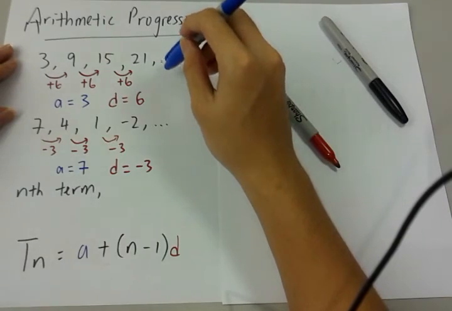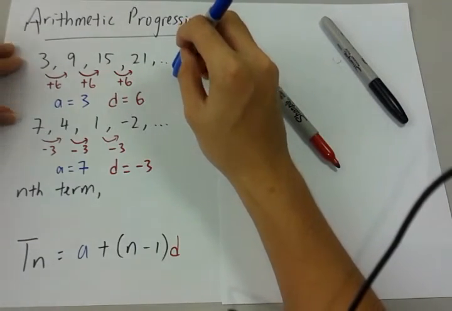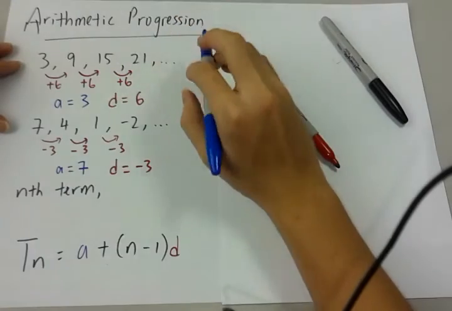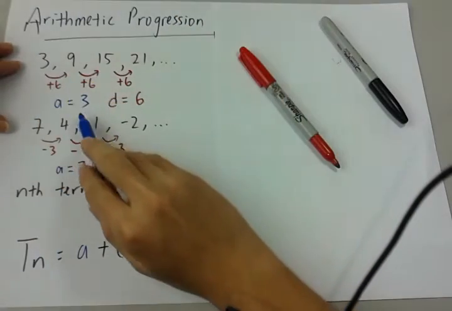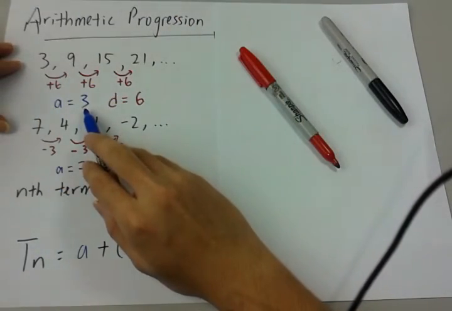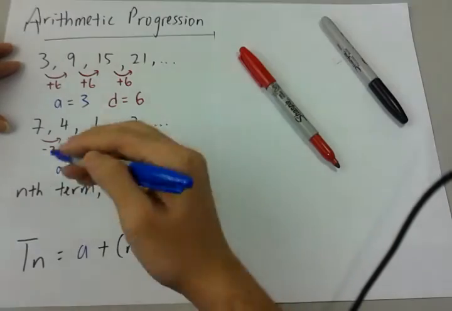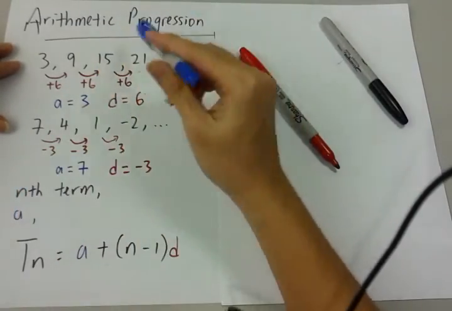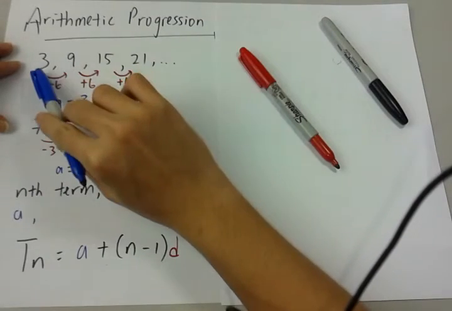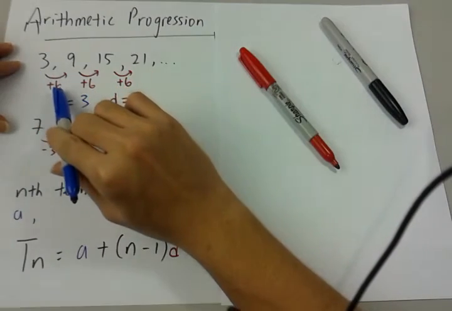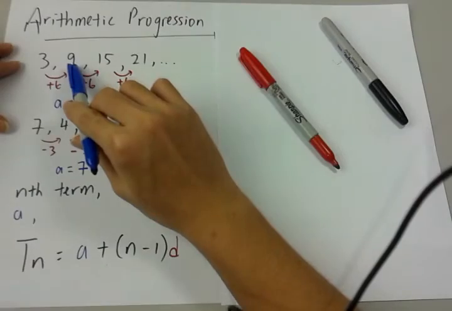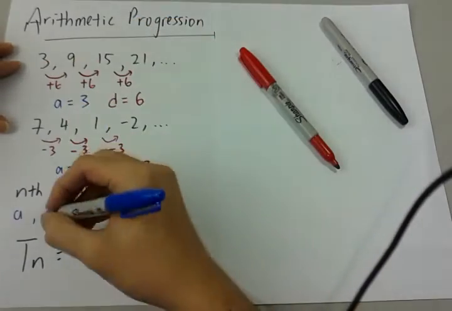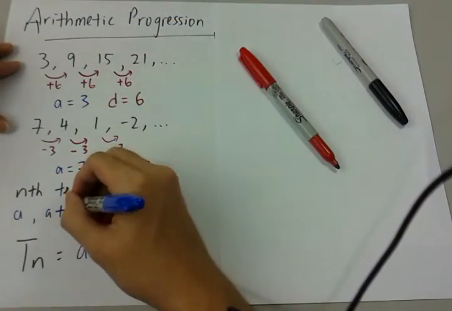Let me take an example from the first progression that we did just now. We regard 3 as a, the first term. How do we get to the second term? We take a plus d, which is 6, then we get 9. So we can write it as a plus d.